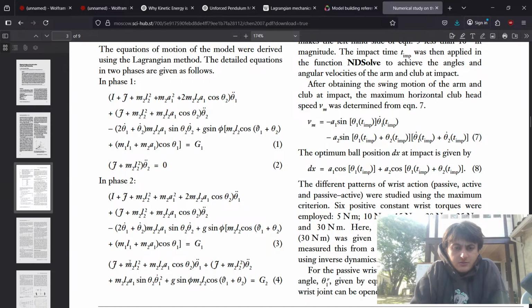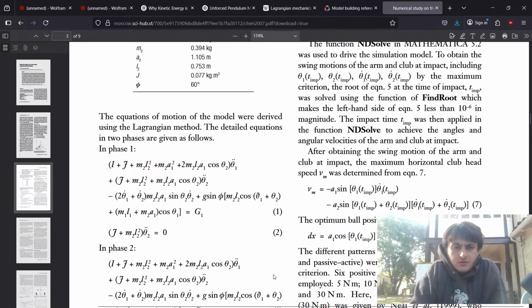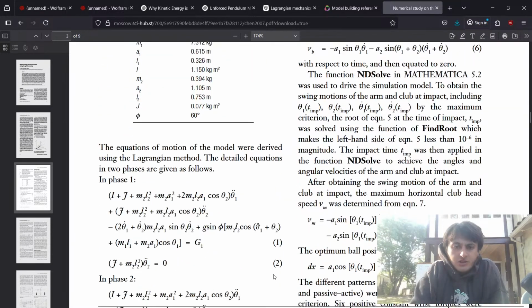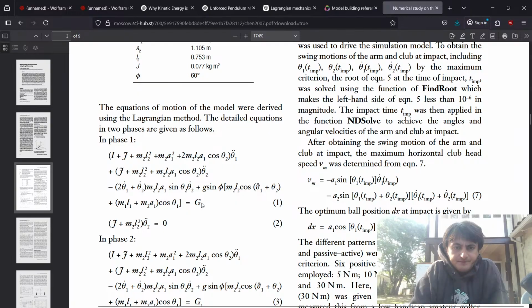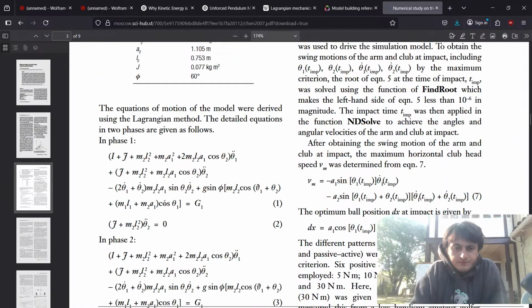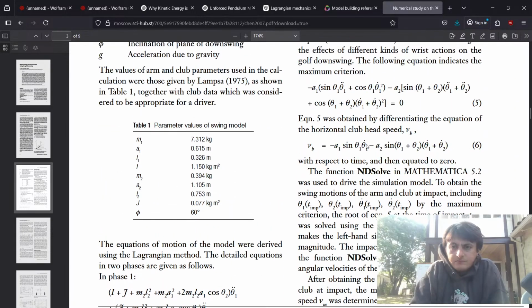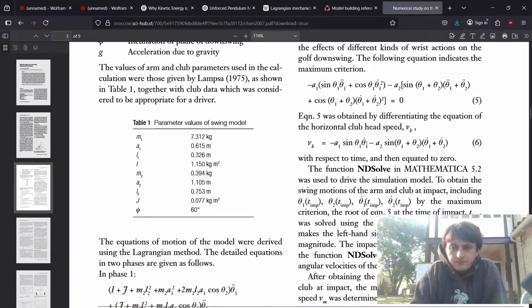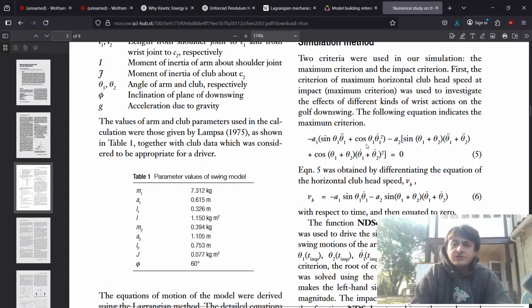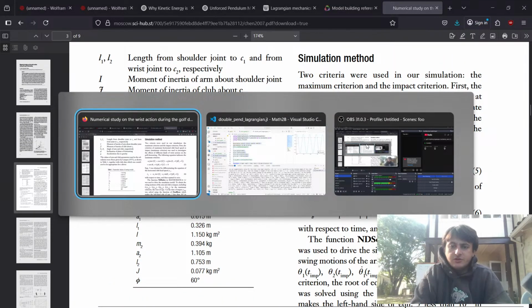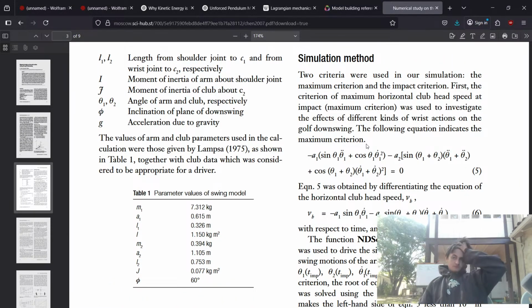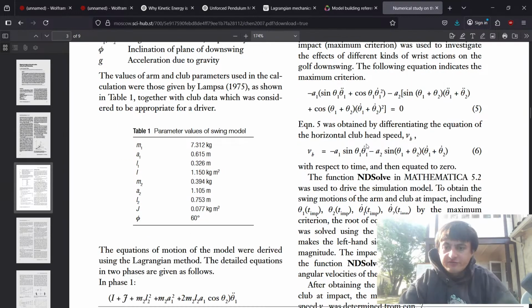Interesting. I wish they would just show what the Lagrangian is, because this is not helpful. But I am actually pretty close to this model, which is good news. I wish they would give us the code, but of course they wouldn't.